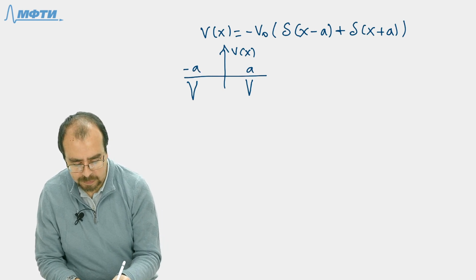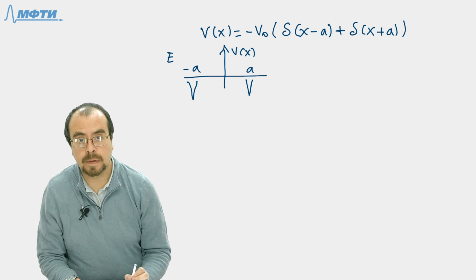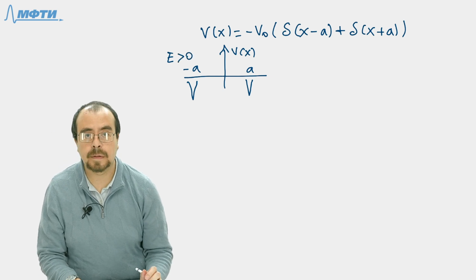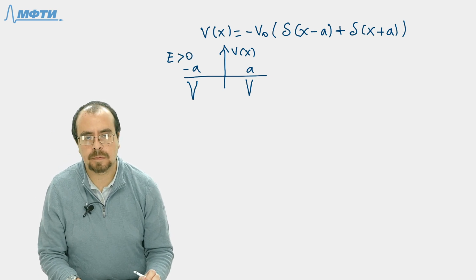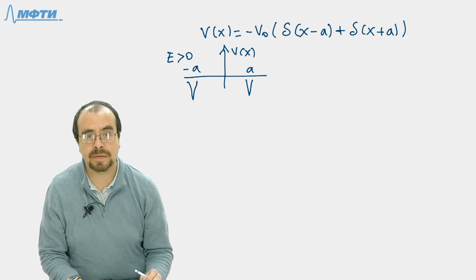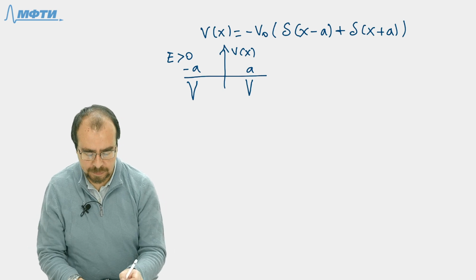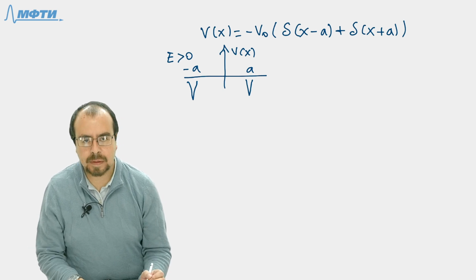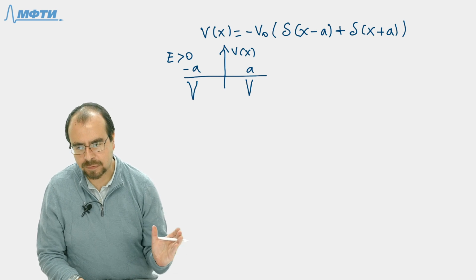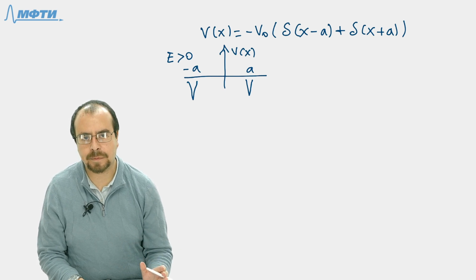If we ask, as we discussed in the previous class, for energies larger than 0, we will have something related to the free particle with some scattering, because these delta potentials will stop the movement of these free particles in a certain way.